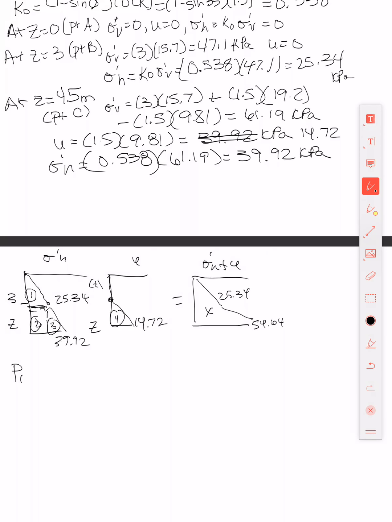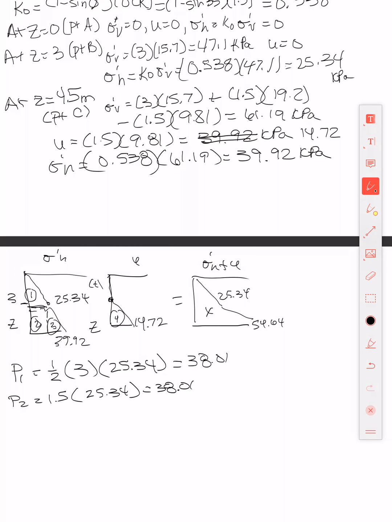So for the P1, which is the resultant pressure in the first triangle, that's 1/2 times 3, which is the height of the triangle, times the base of the triangle. And that answer is 38.01. For the second one, it's a rectangle. So now we just need the width times the height. And we still get 38.01.